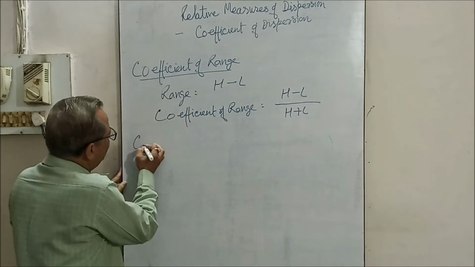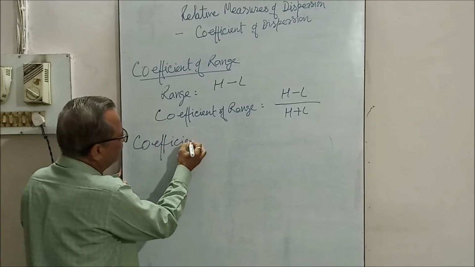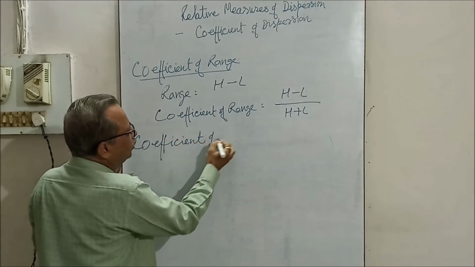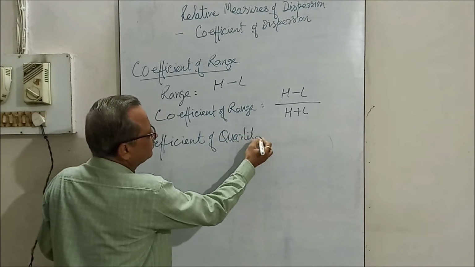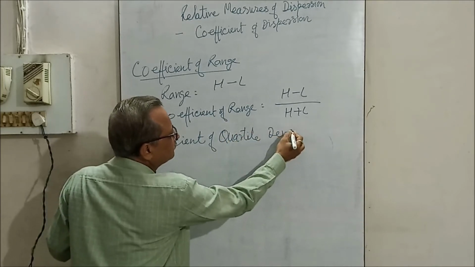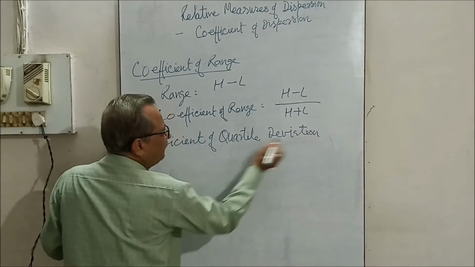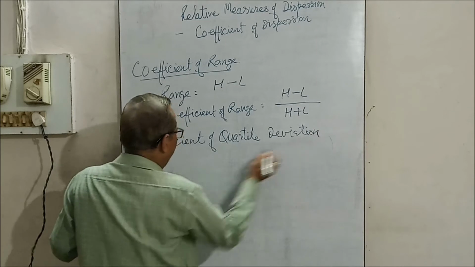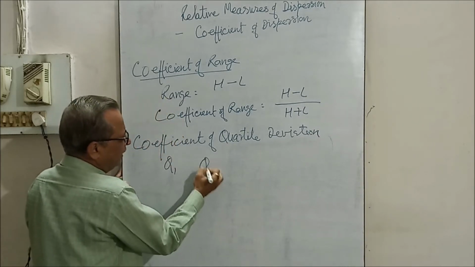Now the coefficient of quartile deviation. First of all, you have to find quartile 1 and quartile 3.